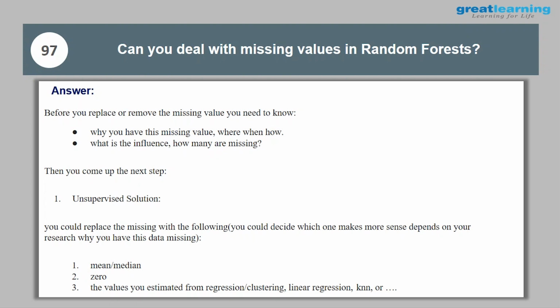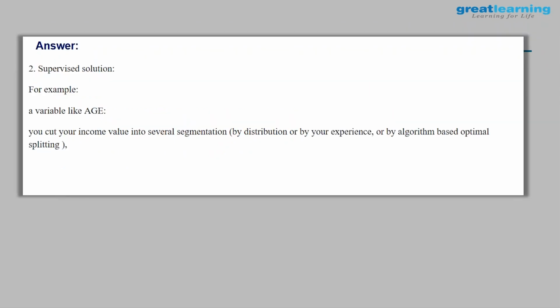Then comes mean, median, and then 0, or the values you estimated with regression or clustering, linear regression, KNN or so. And there comes a supervised solution. For example, for a variable like income, you cut your income value into several segments by distribution or your experience or by algorithm-based optimal splitting.